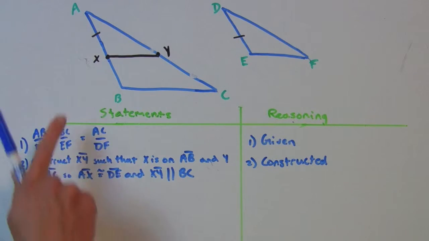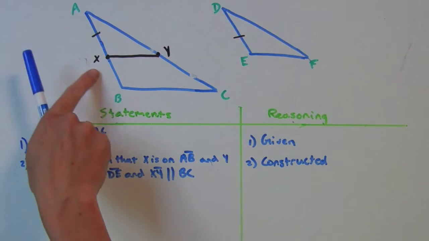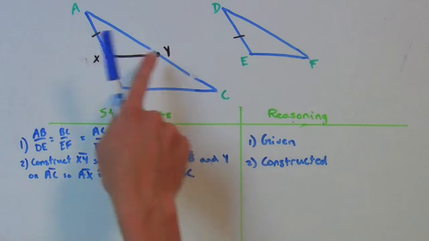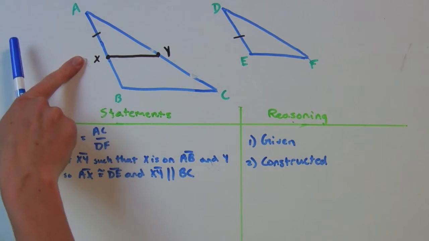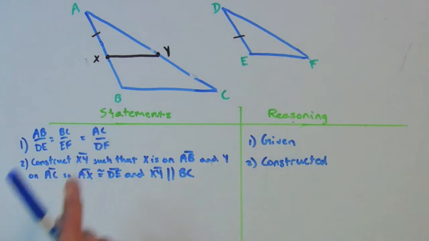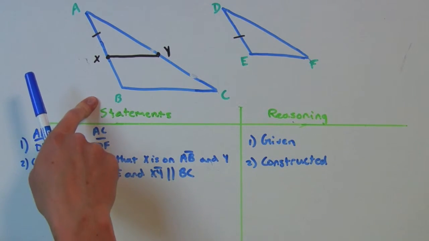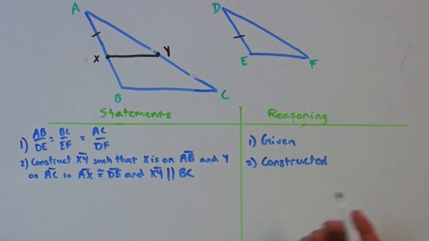So we constructed XY such that X is on AB and Y is on AC, so that AX is congruent to DE and segment XY is parallel to segment BC. And that's what we constructed, so you can say constructed or given.